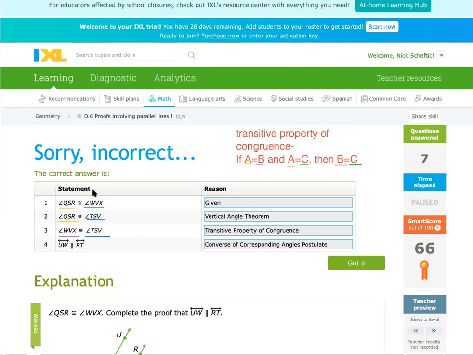If you started with that and you went the opposite direction, that would be the right statement. But transitive property of congruence is if A is equal to B and A is equal to C, then B is equal to C. So if you look at the color coding here, yellow is equal to purple, yellow is equal to blue, and then the last one is going to be B is equal to C, which is purple is equal to green.